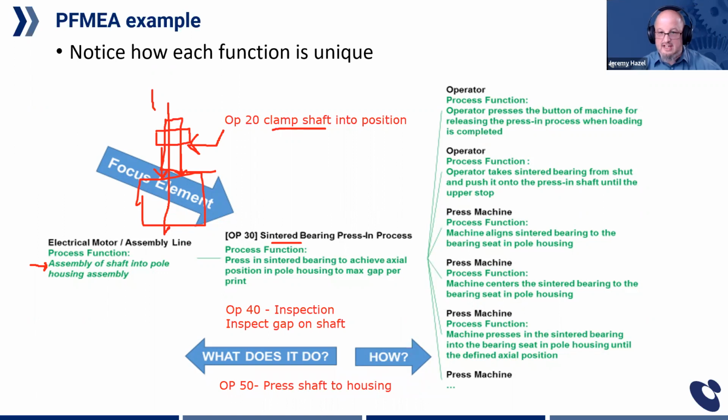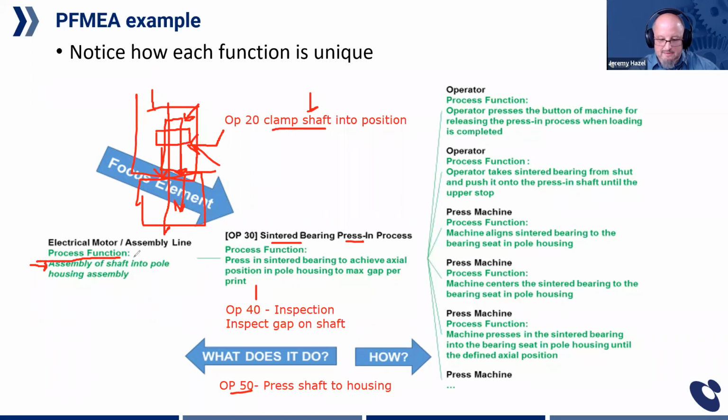Notice how each of these are unique. Now let's check out the uniqueness. In op 20, we clamp the shaft into position. Op 30, we press the bearing into the shaft. Op 40, we inspect the shaft gap position. Op 50, we take this entire shaft assembly and we press it into the housing.